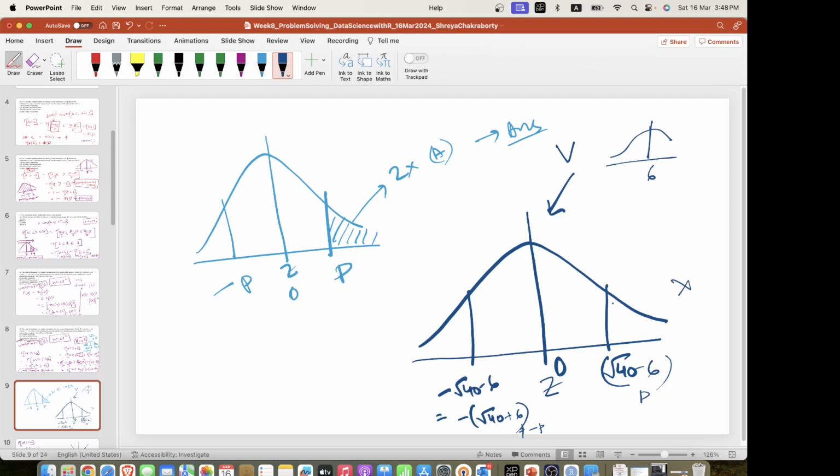If we forget to look at this, and just assume that Z is symmetrical and do a minus and a plus of the transformed variable, we would land up at the wrong point. Okay? Is it okay? Any confusion?